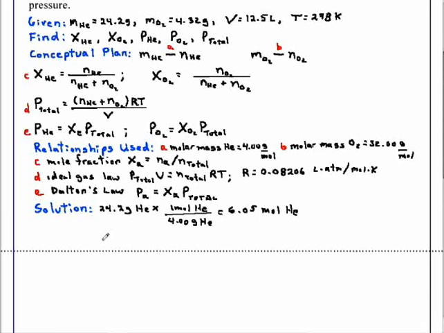We have 4.32 grams of oxygen, and 1 mole of oxygen is 32.00 grams of oxygen. So this is 0.135 mole of oxygen.